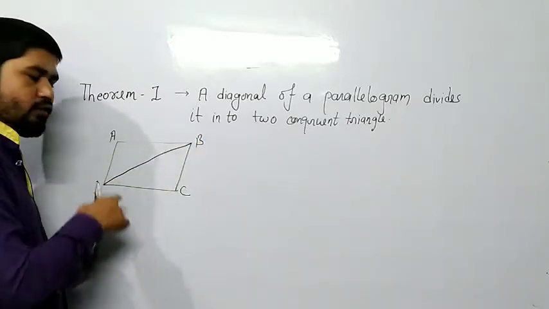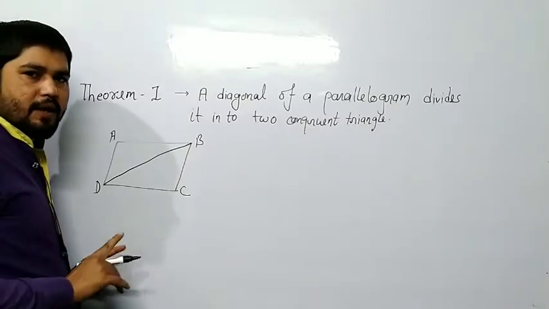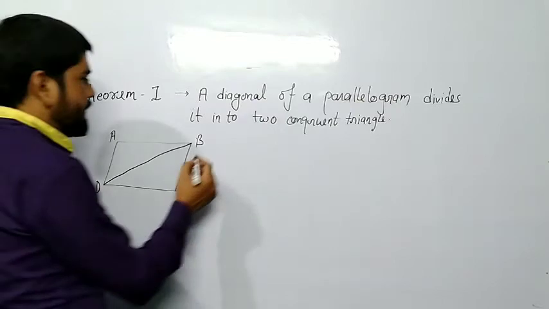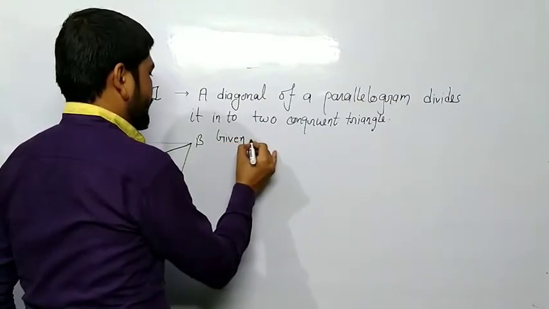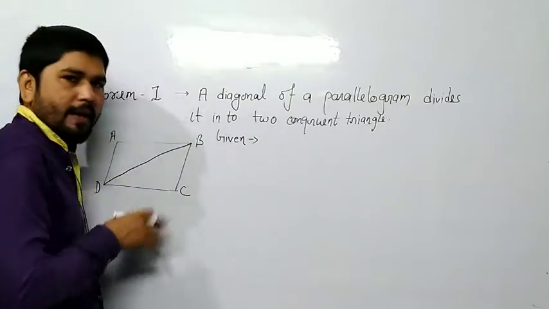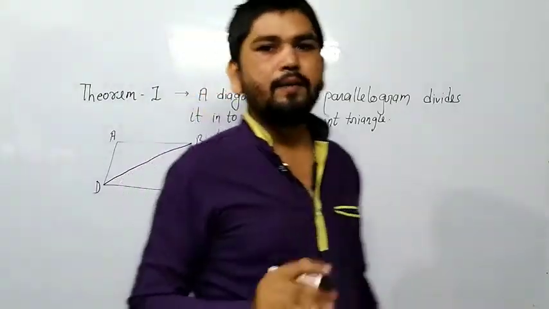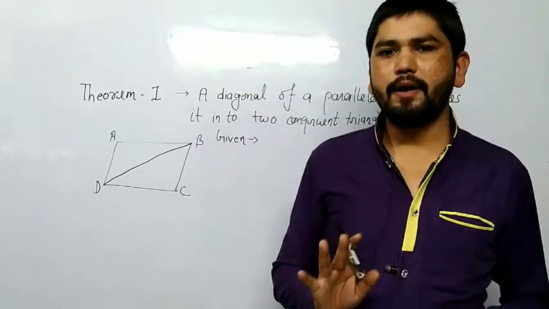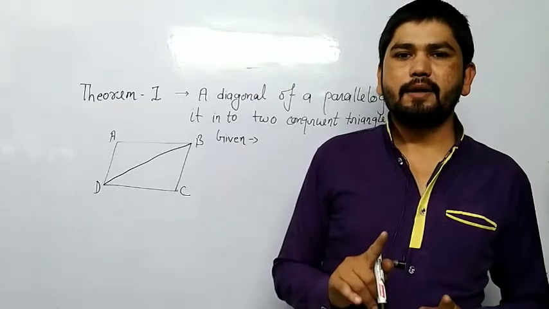Now we can see two triangles are there. So we need to prove here both the triangles are congruent. So what will we write first? Given. What is given? A parallelogram ABCD. And the parallelogram properties you already know. Opposite sides are parallel and equal, and opposite angles are equal.